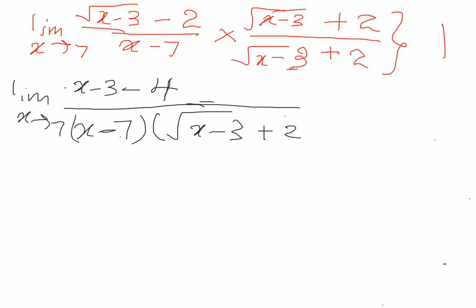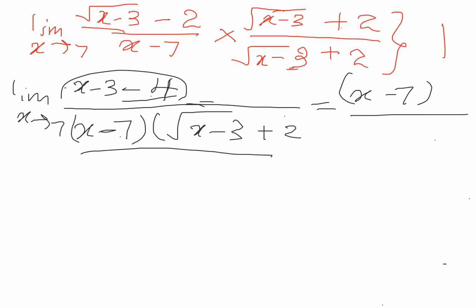Before that, we can simplify this further. What is the value then? x minus 7. We have one bracket here, or x minus 1. Here you can see both values. I am not going to waste time.